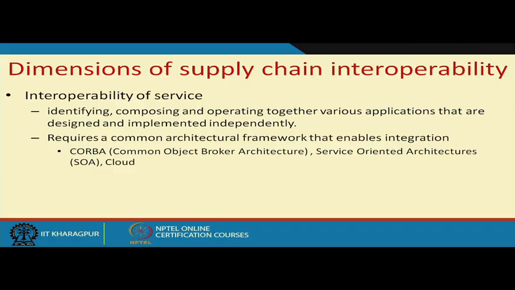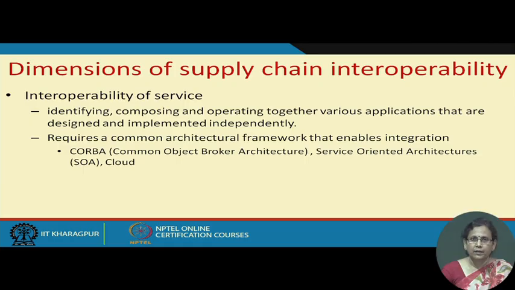So, such interoperability of service, where you have the appropriate client installed in one of the systems, is also very important. It is not about resolving the data-related technical issues, it is about making the service compatible as well.